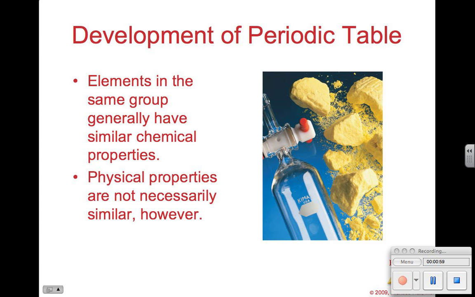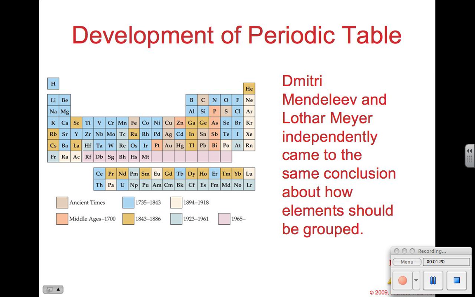So using their chemical properties was more important than utilizing their physical properties, if they were solid or liquid or gas, or color or hardness. Those things might have some similarities, but it definitely wasn't a strong enough connection to really organize materials.